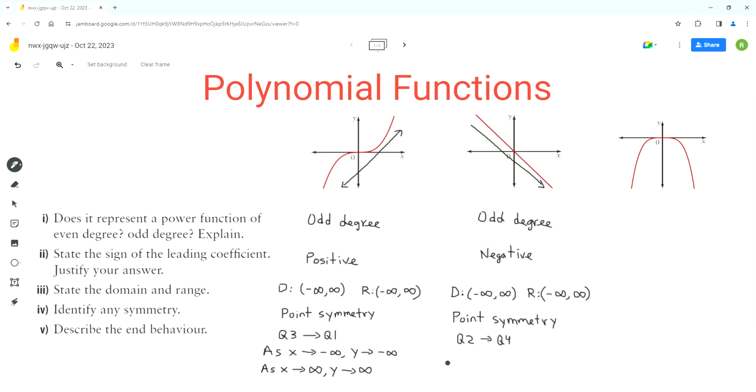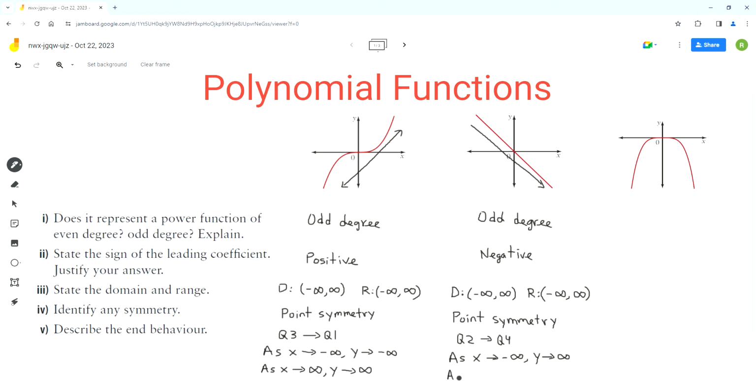Now in terms of x and y values, we can explain the end behavior as x approaches negative infinity, y approaches positive infinity. That means as we go on the left side, the graph keeps going up. So that's why it's positive infinity.